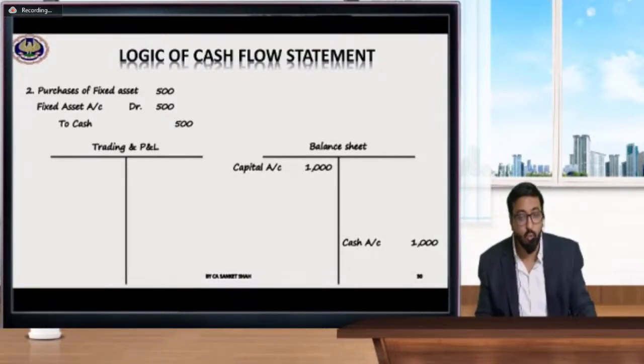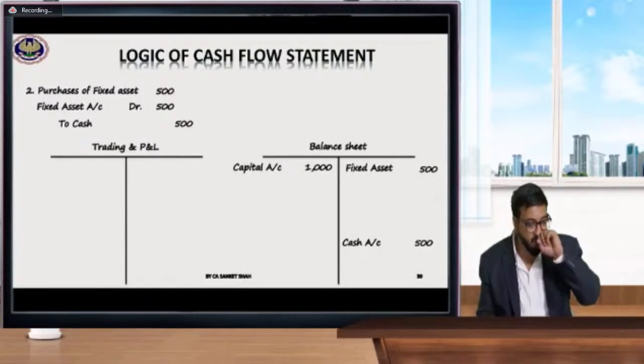No. So what will get reduced and what will get increased? Yes, fixed asset 500 on the asset side. Very good, Pratham. And your cash is going to reduce by rupees 500. Now your cash balance is 500. Please focus. Cash 500 rupees and fixed asset 500 rupees.